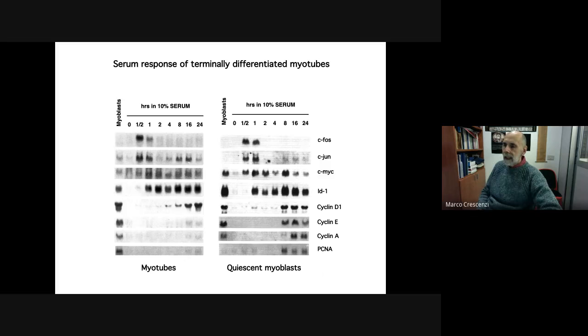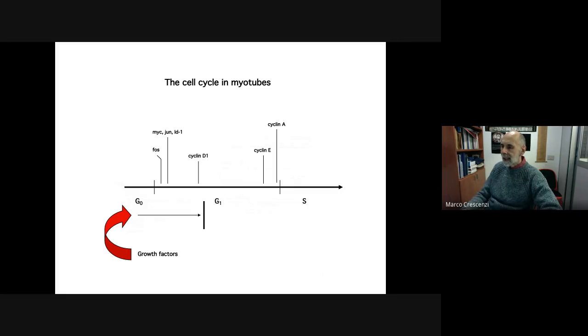So let's put these data on a linear, partial schematic of the cell cycle, which regards the cell cycle as a linear series of events. Cells are standing in G0. When stimulated, they enter G1 and continue on to S phase ordinarily.